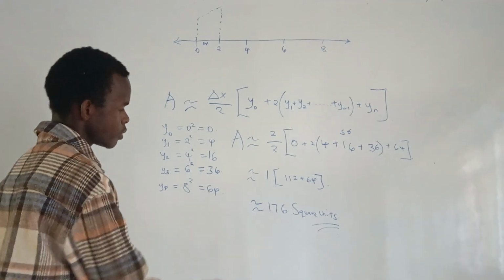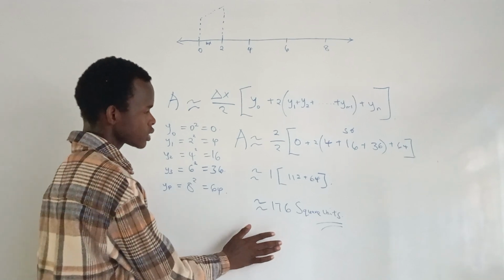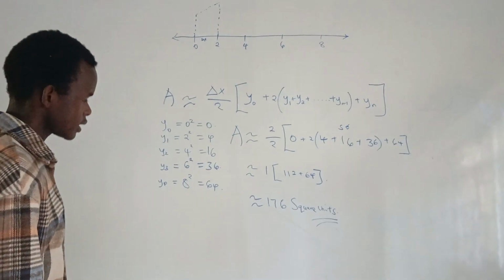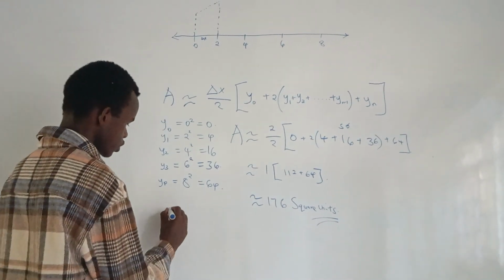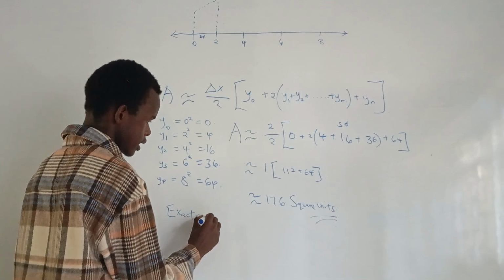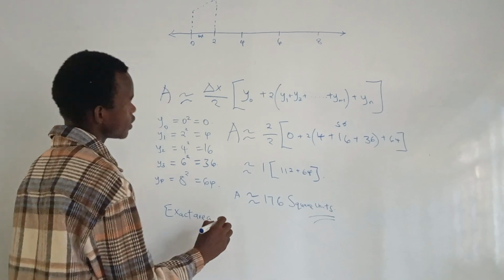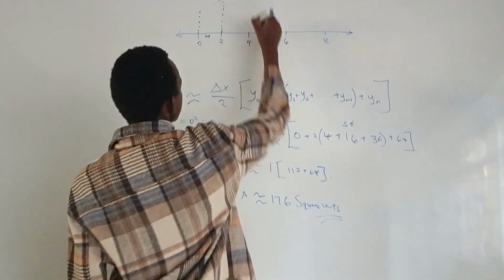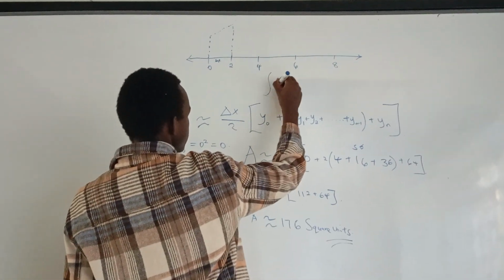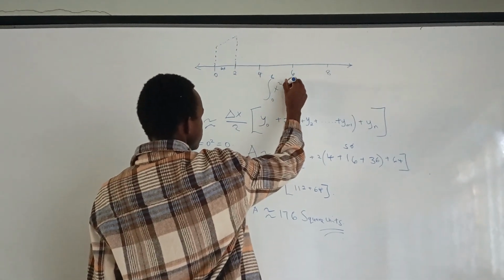But before we do this, let me just do the exact value of the area. The exact area of the integral. This is the integral, remember? The integral was x squared from 0 to 8 dx.